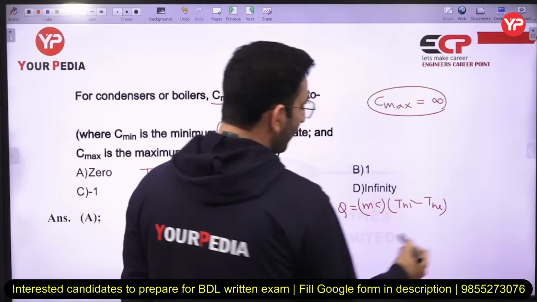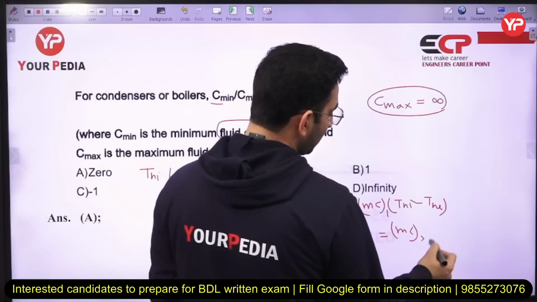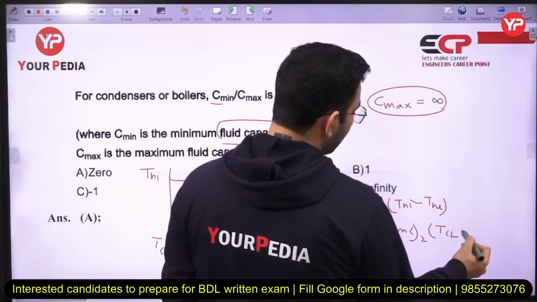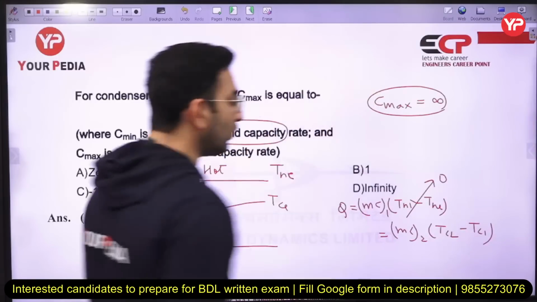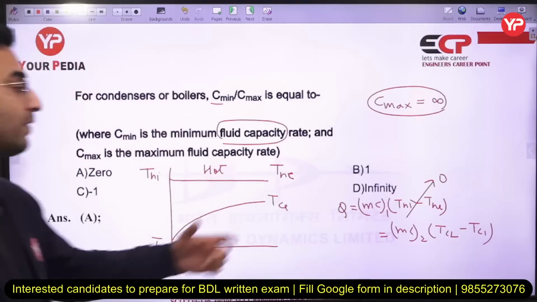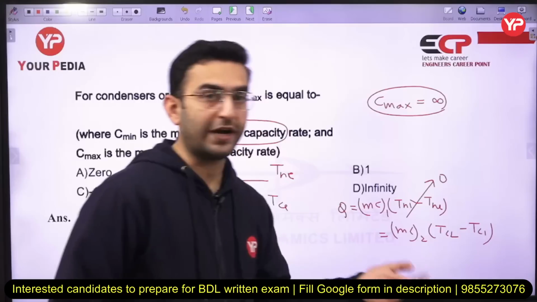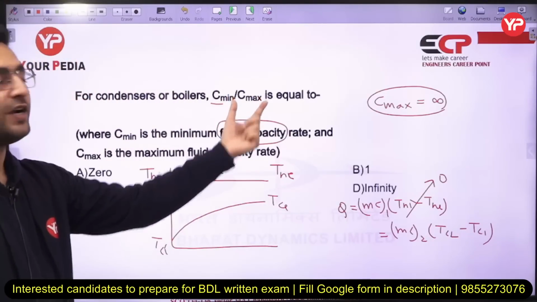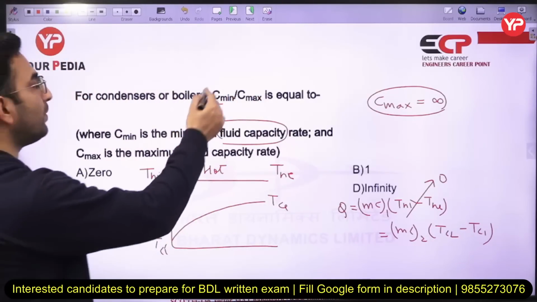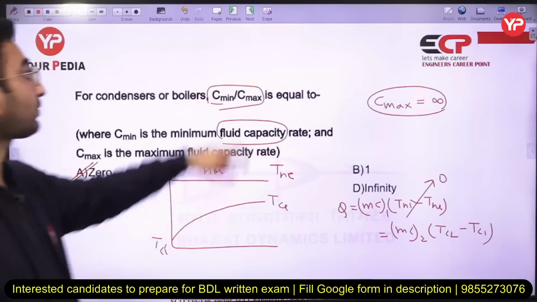It is going to be equal to MC (TC2 minus TC1). So here you can see the temperature difference is basically 0 in the case of the hot fluid, and the corresponding value of the heat capacity, that is the product of MC, will become equal to infinite here. So if the value of C max is going to be infinity, the corresponding ratio will become equal to 0 here. Option number A is going to be the correct answer.